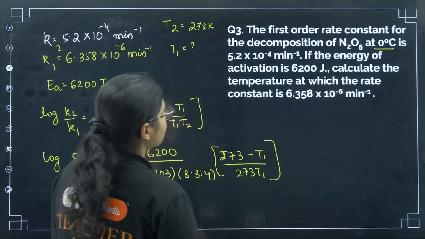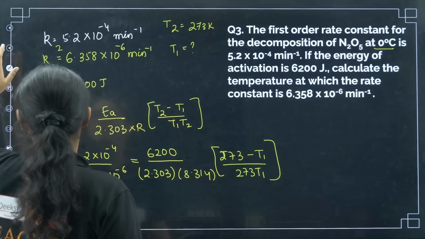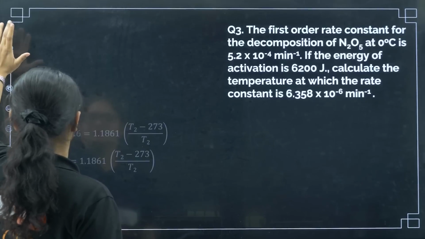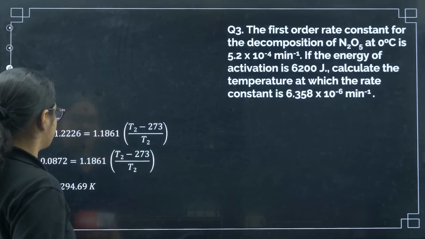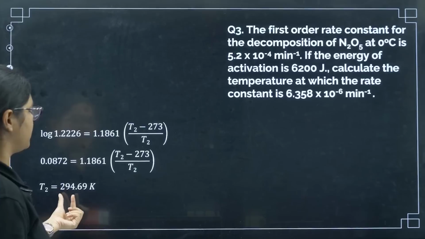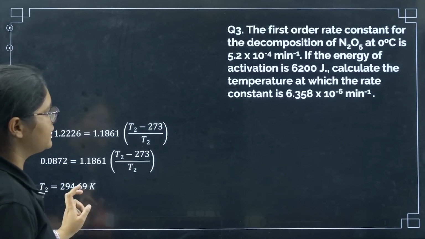I have to solve this and find the value of T1. I'll erase this because I have this answer in the form of this one. So you can see this is what you have to substitute, and then you can find the value, which is 294.69 Kelvin.